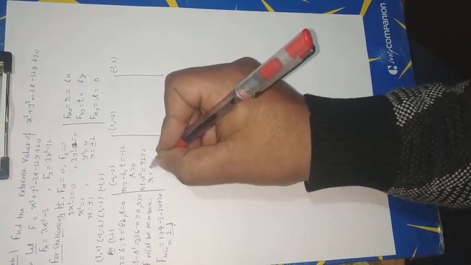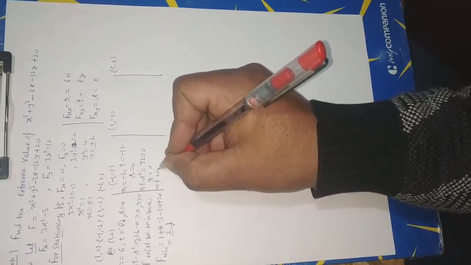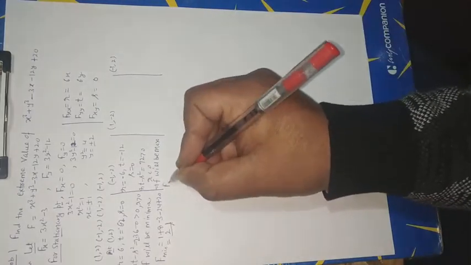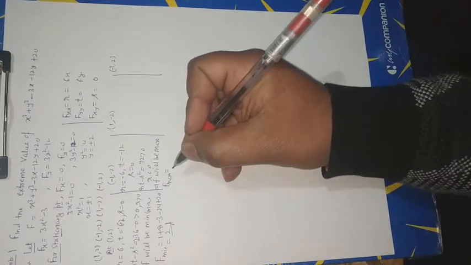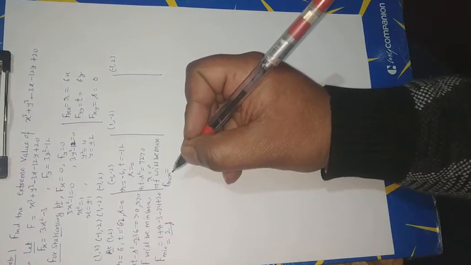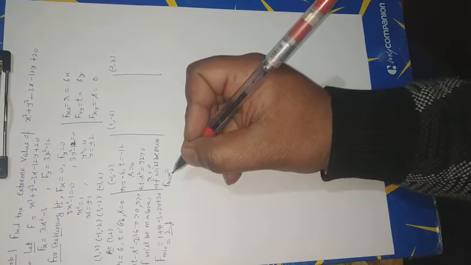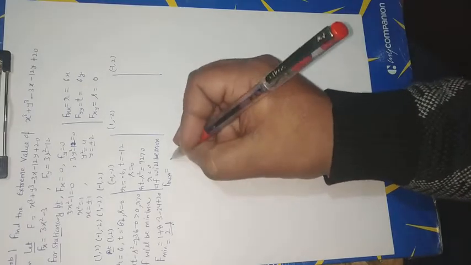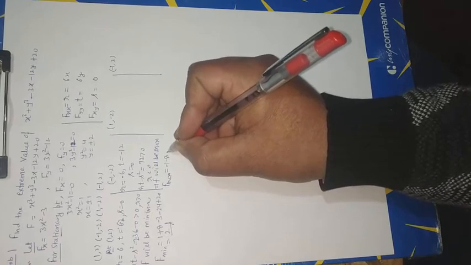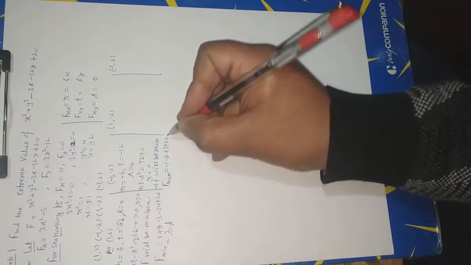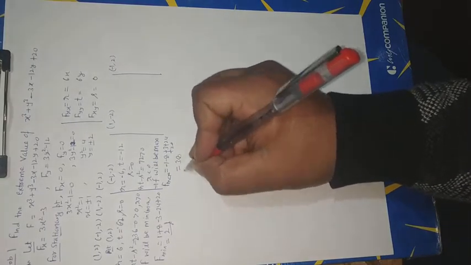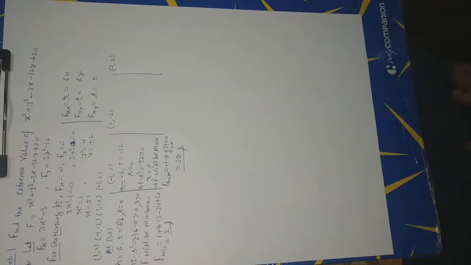R is negative. Now f will be maximum. Now f max, the maximum value of the function, is -1 -8 +3 +24 +20. This is equal to 38. This is the maximum value of the function at stationary point (-1, -2).